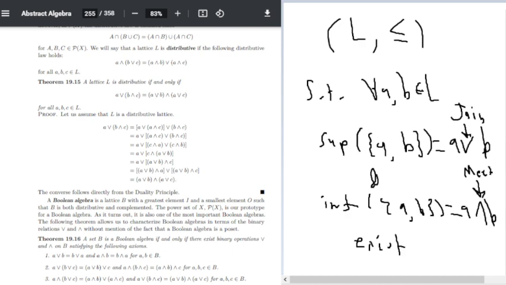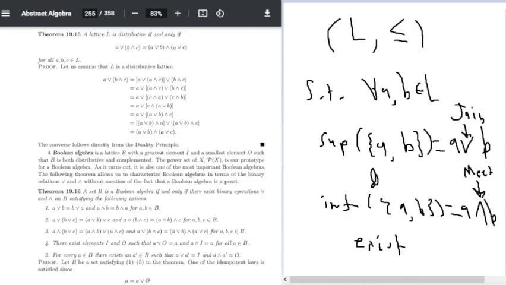This is basically just a bunch of reindexing and using distributivity, associativity and commutativity everywhere. The converse follows immediately from the duality principle.